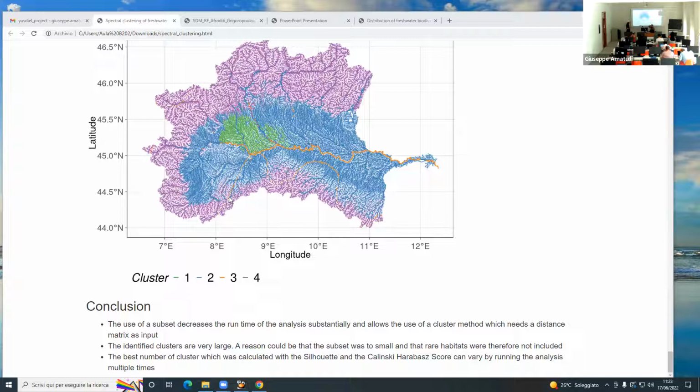But yeah, the clusters here are really, really large, and so I'm wondering if when I use just a subset, I'm losing some of the smaller habitats. So yeah, I need to do more analysis here.